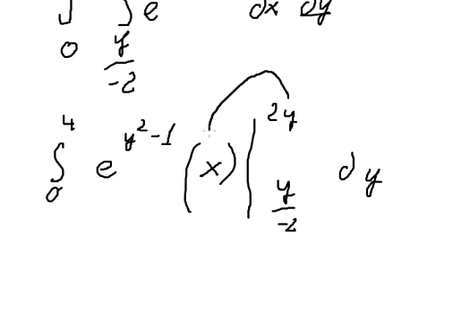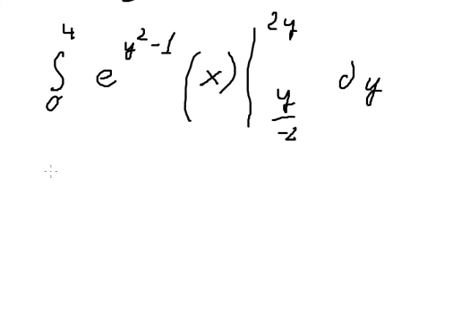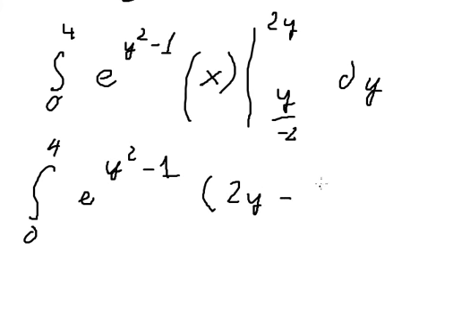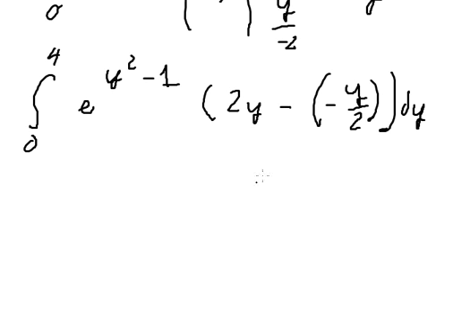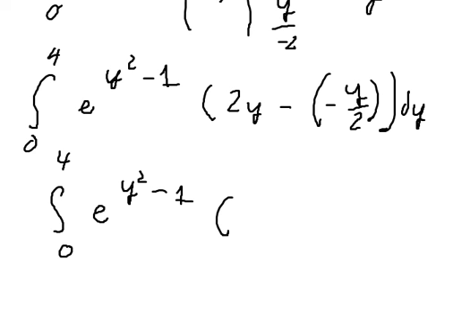So we put 2y in here, y over negative 2 in here, and now we will get like this. And that's 2y minus negative y over 2, and we have dy. So we simplify this one, and we get 5y over 2.